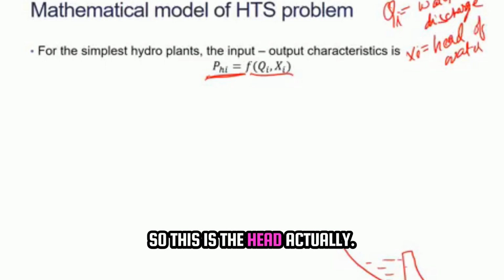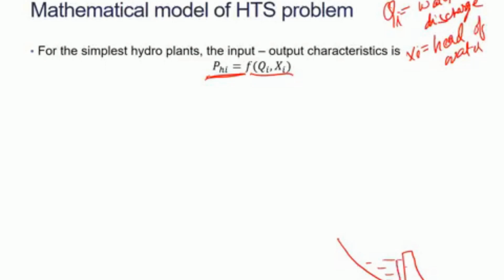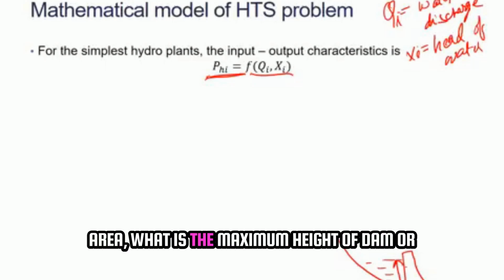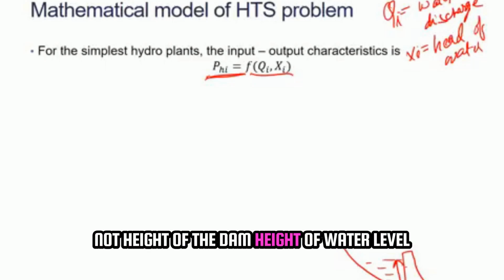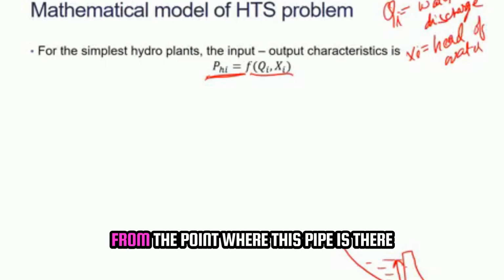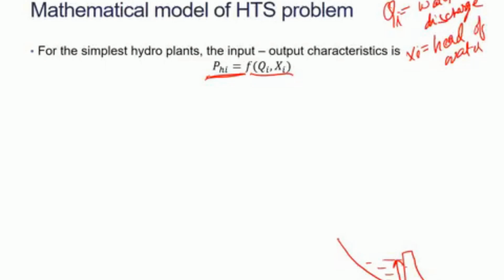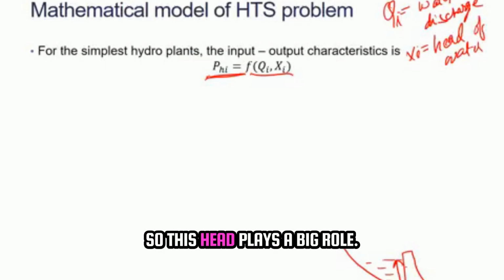So this is the head actually. Head is basically, in the storage area, the height of the water level from the point where this pipe is, from which we have to discharge the water. So this head plays a big role.